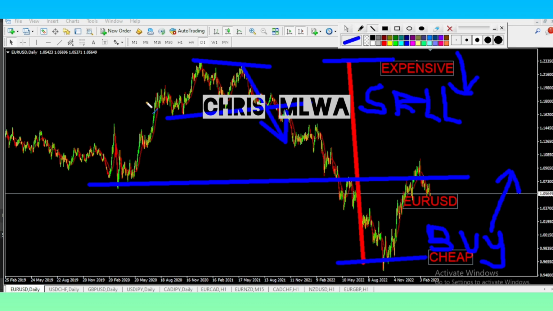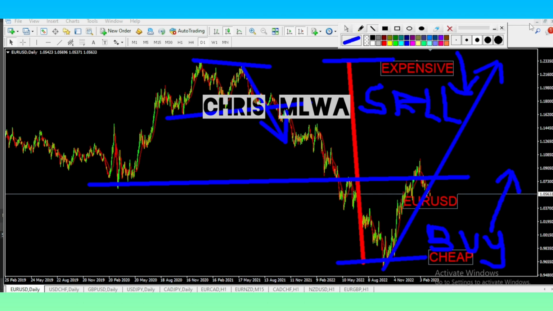So what I am trying to say is that this year, this market will be going up on a daily time frame. I don't want to go to monthly because monthly will give us a very long move that we should wait so long for. So that is what I am looking at. EURUSD this year, I'm looking at a buy.